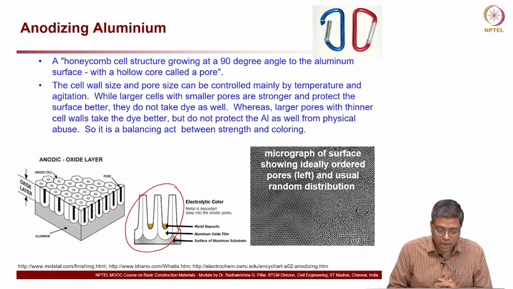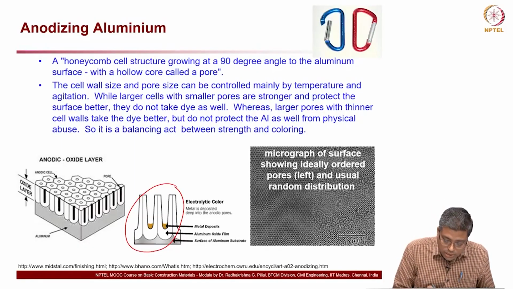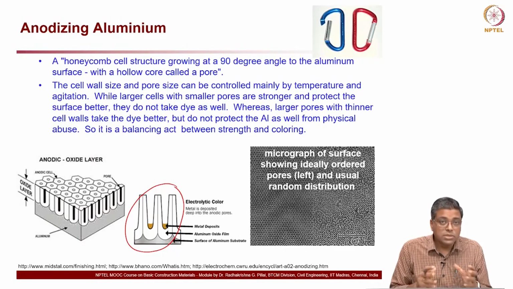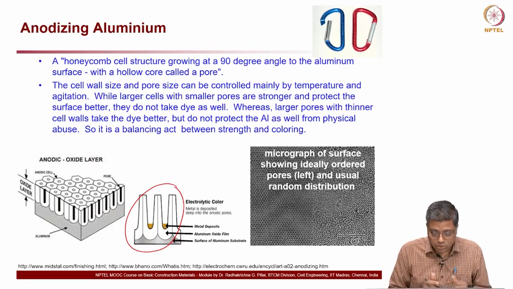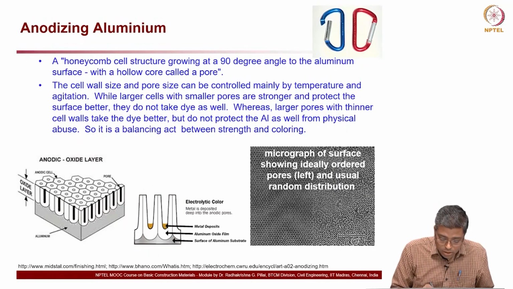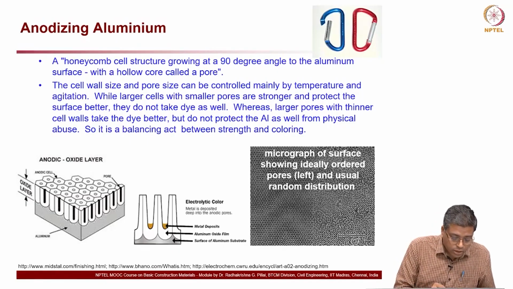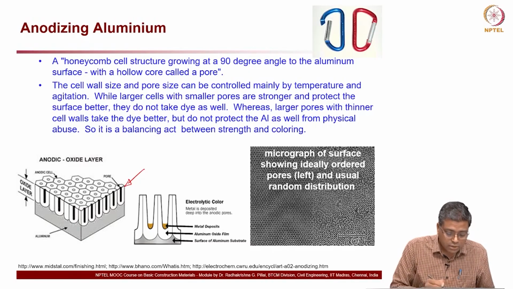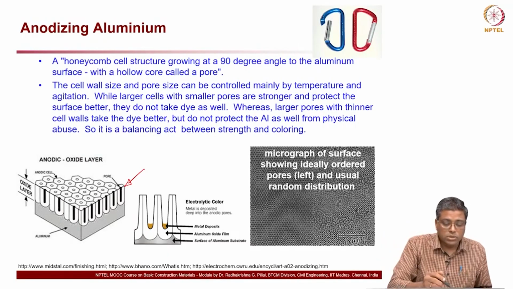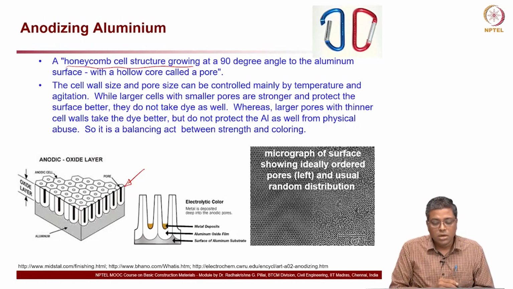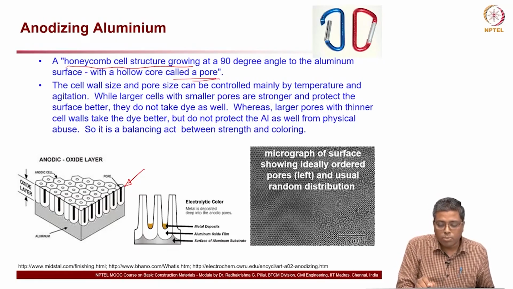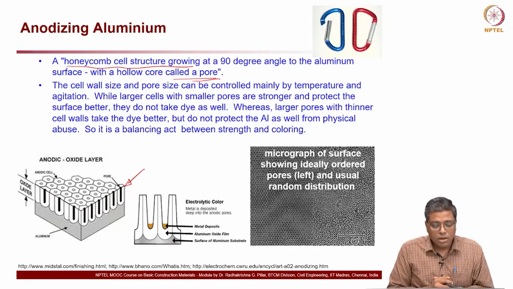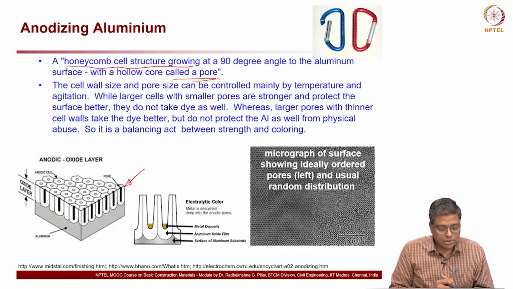It is on a microscopic scale, and inside that you have metal deposits, which is basically giving you the color also. And in a rather 3D scale view, it will look something like this. So you have this U-shaped pocket, a honeycomb structure, very similar to a honeycomb cell structure with a hollow core called a pore, and in that pore you will fill the coloring pigments, etc.